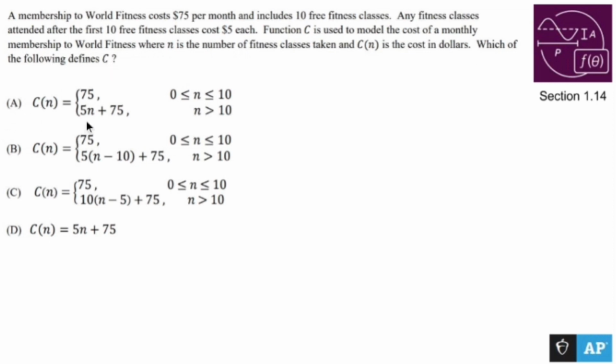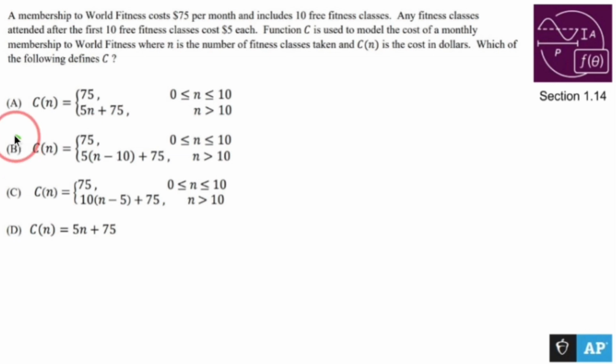So the devil is going to tempt you to say the answer is A, because between 0 and 10, it's $75, and once you exceed 10, it's going to be an additional $5 more. But if I were to plug in 11, I would do 5 times 11 plus 75, which means 11 classes would cost like $100 and some dollars, and that's simply not true.